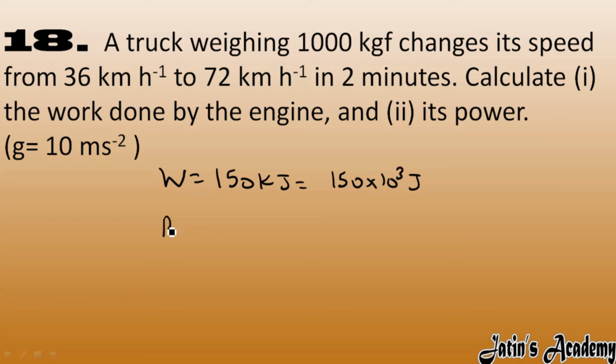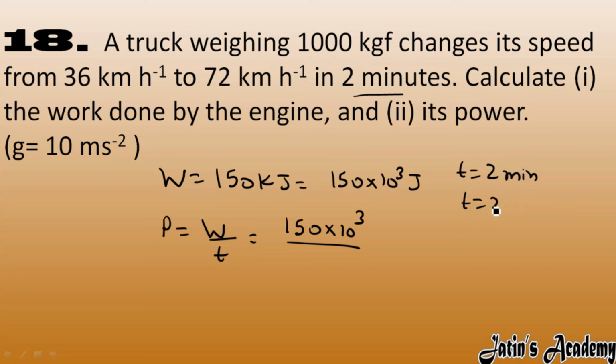Power we have work done per unit time. Work done we got as 150 into 10 raised to power 3, and time is given as 2 minutes. Let's convert it into seconds. So in 2 minutes we will have 2 into 60, which is 120 seconds. So cancel it out. We got 5 by 4, which is 1.25.